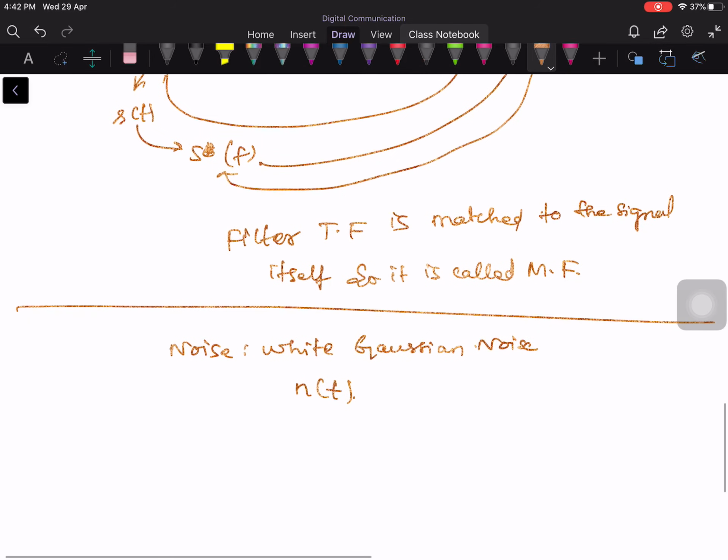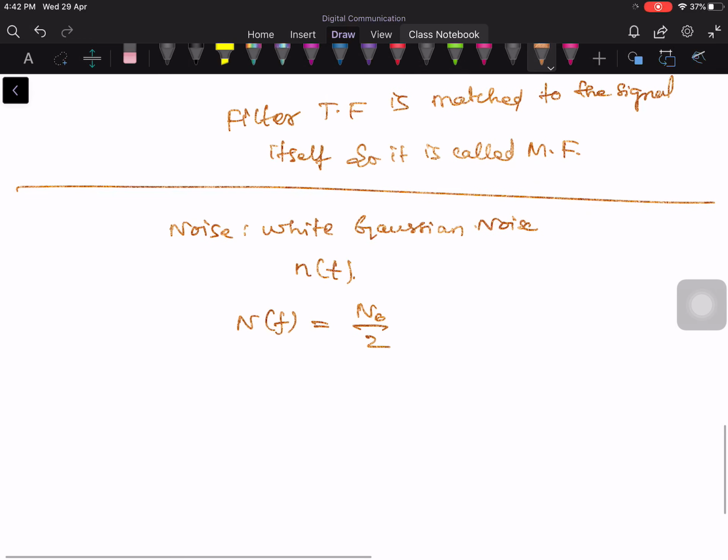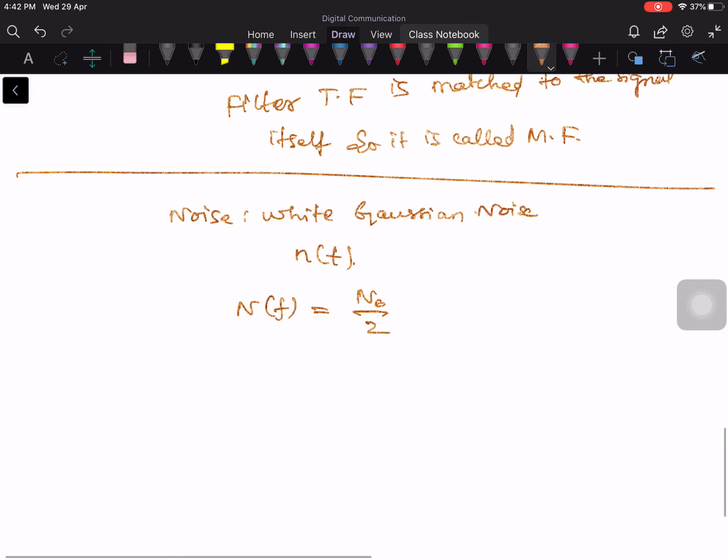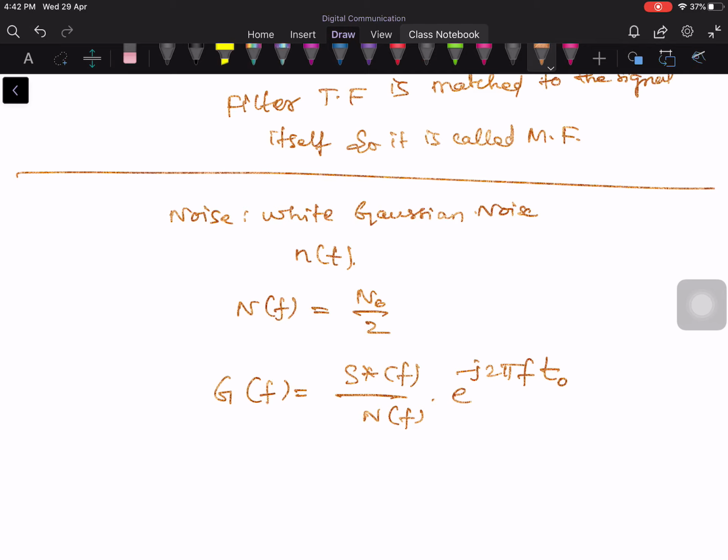When you take the Fourier transform of this white Gaussian noise, then N of f is equal to some constant, N0 over 2. Now what will be the transfer function of the filter? We know that for the general case, G of f equals S conjugate of f over N of f times e to the minus j 2 pi f t naught, where t naught is some arbitrary time constant.